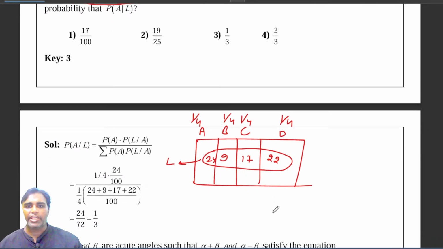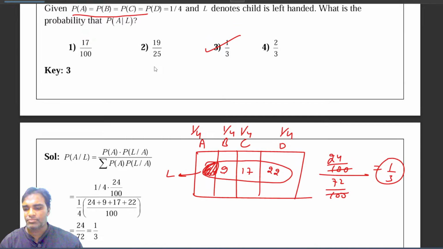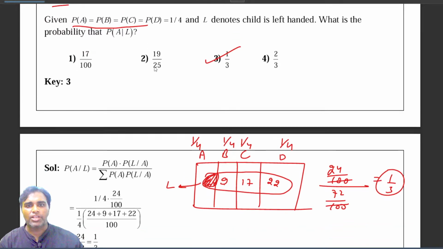So they want A by L, means this portion they want, this small portion. This is 24% of total. Let's see the total of L. Total of L is how much? 24 plus 9, 33, and 17 is 50, and 22 is 72%. That's it. What is the answer coming? 1 by 3. Option 3.